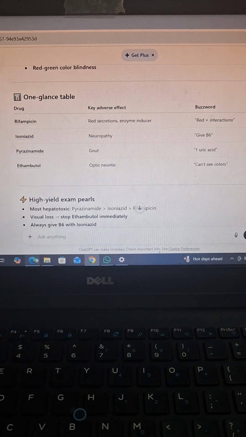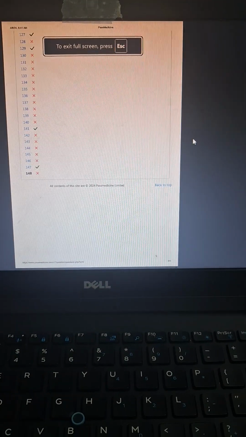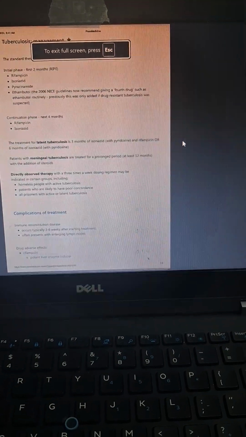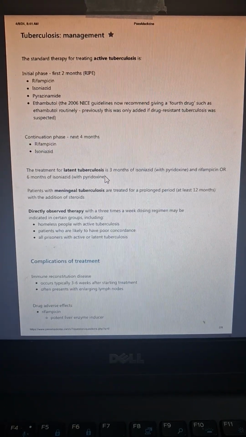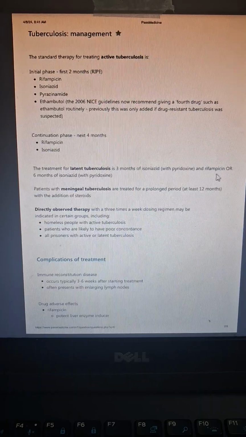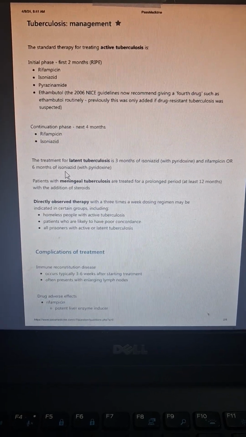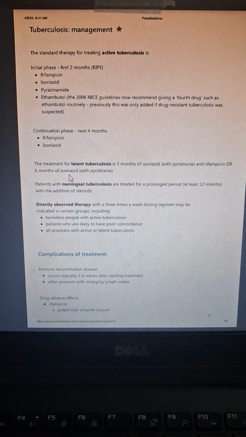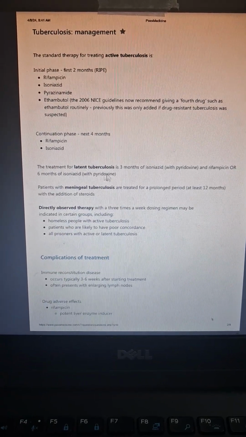Let me tell you one or two more important things in this. Whenever there is latent tuberculosis, we will give isoniazid with rifampicin, or 6 months of isoniazid. Always remember that pyridoxine will be given with isoniazid.